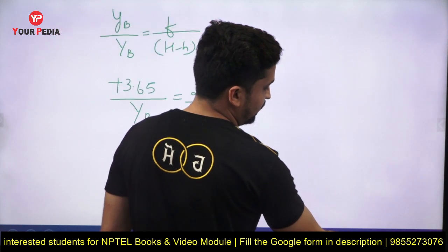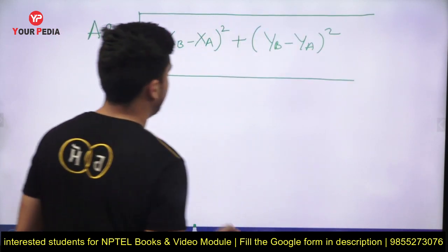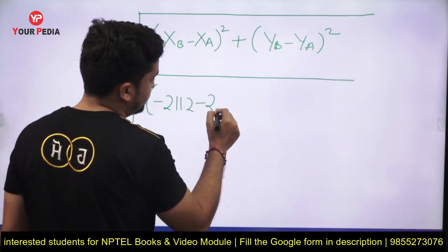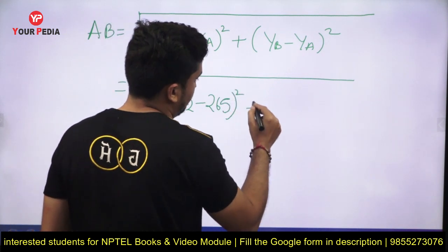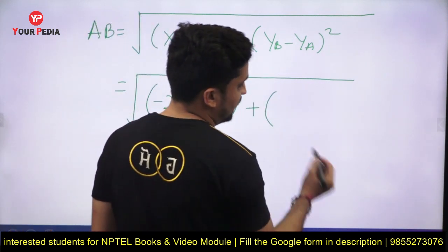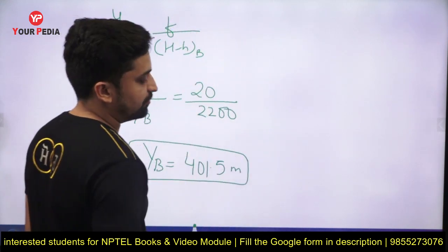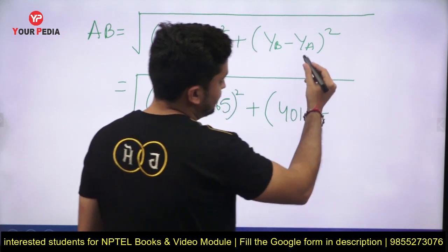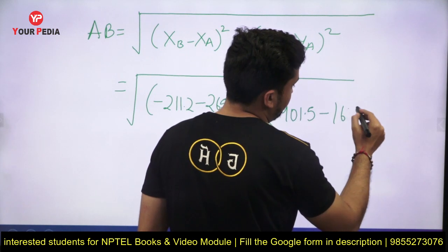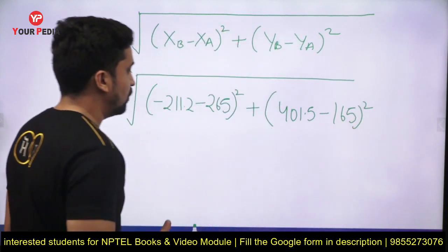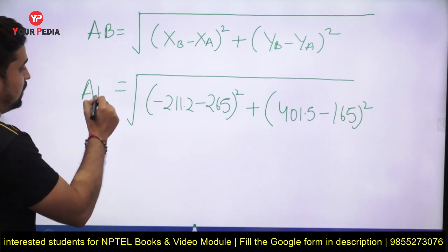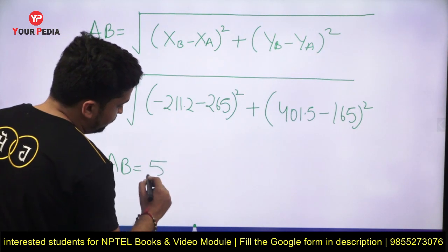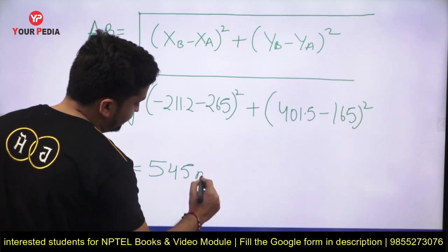So we can easily calculate this as minus 211.2 minus 265 whole square plus YB, which we have just calculated, this is 401.5, so this will be 401.5 minus YA, which is 165, whole square, and on solving this you will get the length of the line AB on ground, which will come out to be 545 meters.